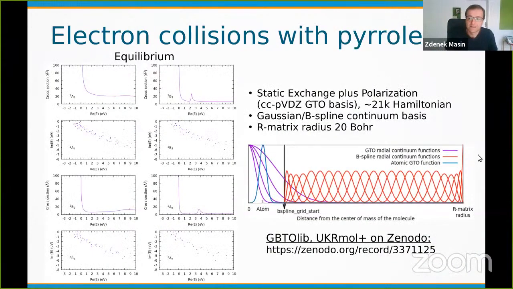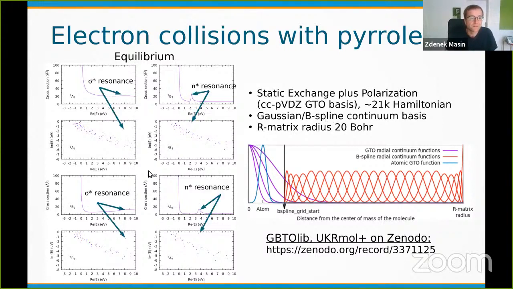So finally, let's have a look at the electron collisions with pyrrole. Pyrrole has a C2V symmetry. So there are 4 symmetries, and you can see that there are quite a few resonance states here. So we see that there is a sigma star resonance that's high in energy, and then there are some narrow pi star resonances.